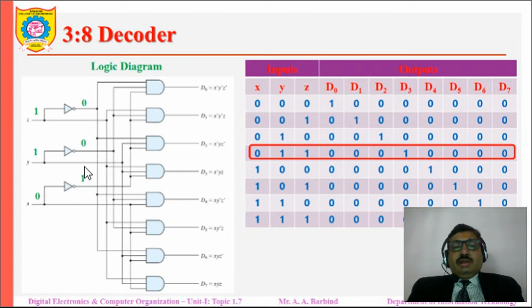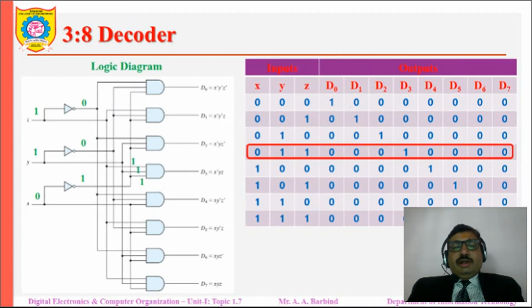Okay, then if you trace these zeros and ones to each of these XYZ inputs, then you will find that out of these 8 AND gates, only for this particular AND gate, all the 3 inputs are 1, 1, 1. Whereas for rest of the AND gates, at least one of the input is 0.